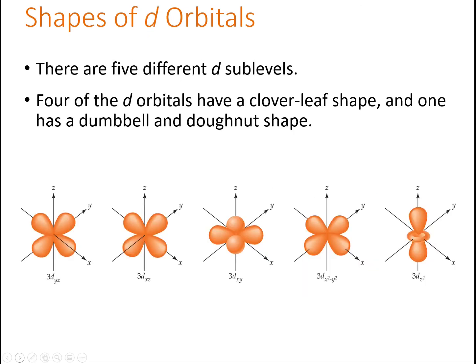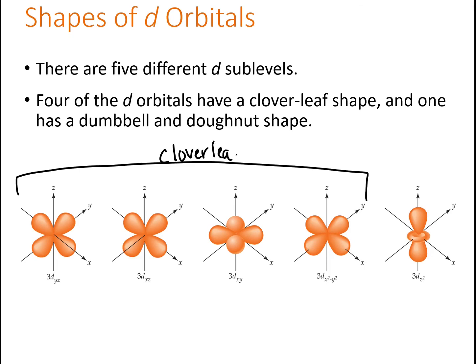For the d, there are 5 different d sublevels, okay? The shapes of them are a little bit funky, so most of them have this kind of clover leaf shape. But one of them has to be the special child.